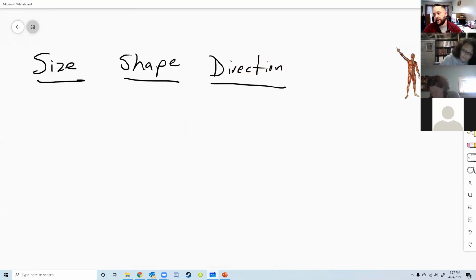So if something is going at a diagonal, it would be called oblique. If it's going up and down or across, it might be rectus. Okay, we'll figure that out here in a minute.